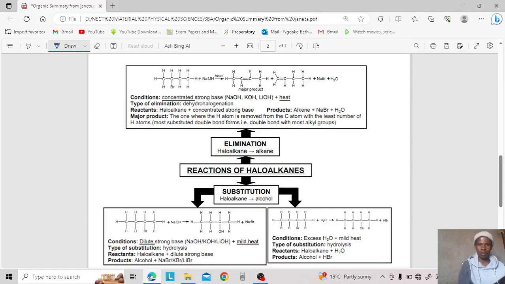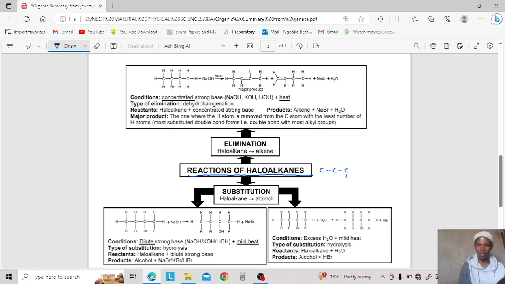Right, our level, the reactions of haloalkanes. Haloalkanes are compounds with carbon atoms bonded to a halogen group.